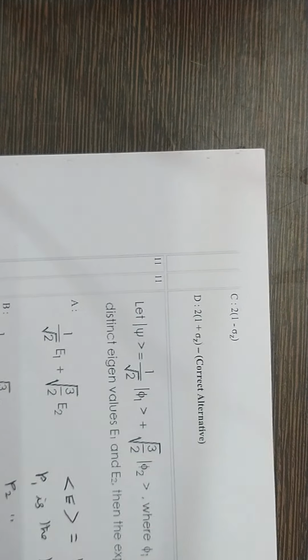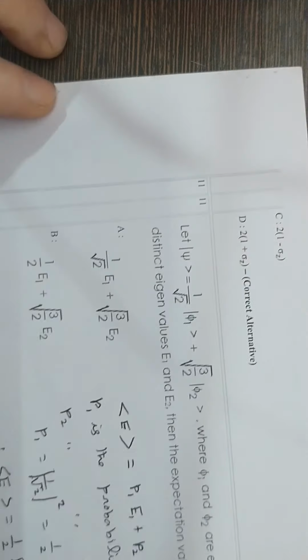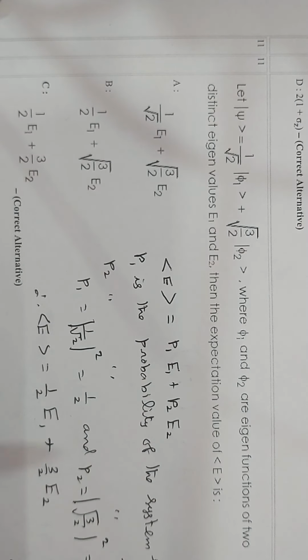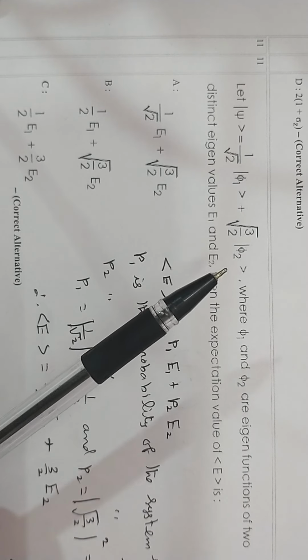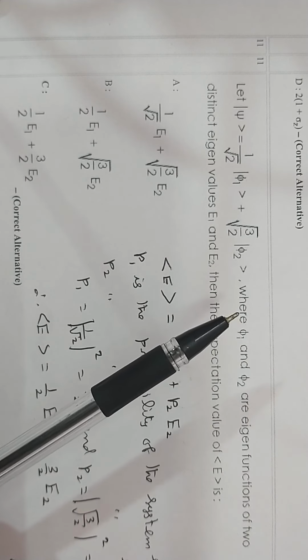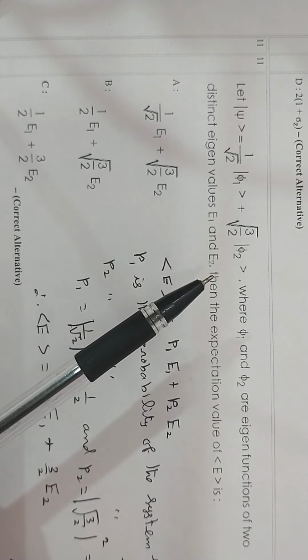Then you consider the next question. Here, let psi is equal to 1 by root 2 of ket phi 1 plus square root of 3 by 2 ket phi 2, where phi 1, phi 2 are the eigenfunctions of two distinct values E1 and E2.